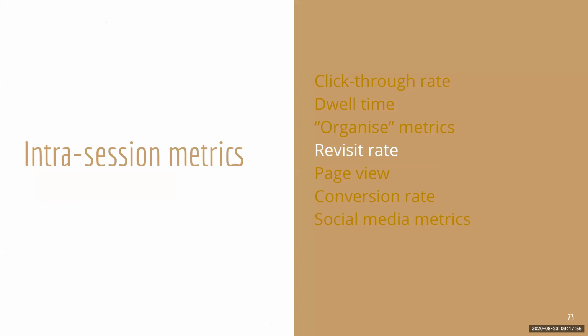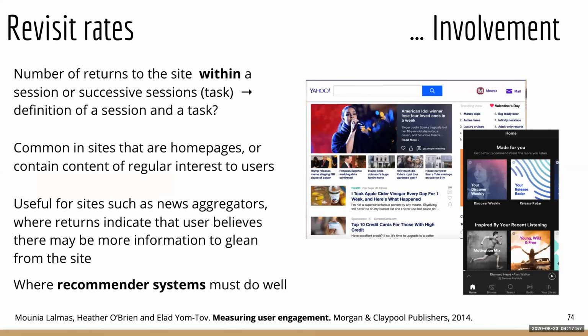Revisit rate. So this is important to look into in the context of hub. A lot of the application have a hub. This is where you start. So this is a number of return to the site, or maybe with respect to that page within a session or successive session. This is where the notion of task come into account.